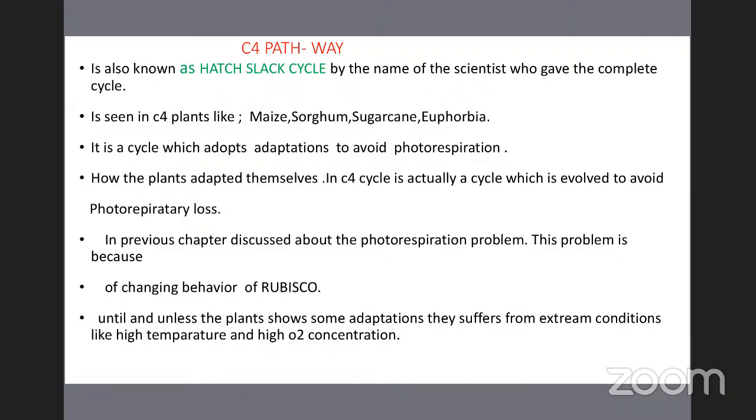Photorespiration is a problem-creating process in plants because of the changing behavior of Rubisco, which changes its nature under extreme conditions like high oxygen concentration and high temperature.